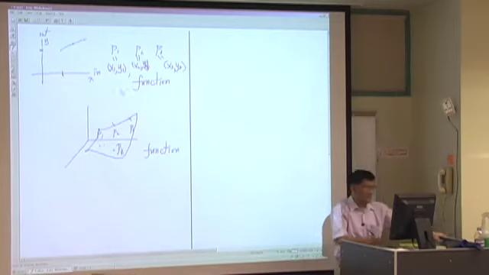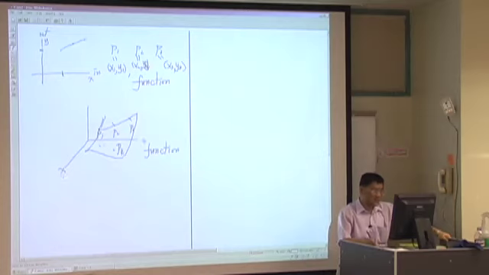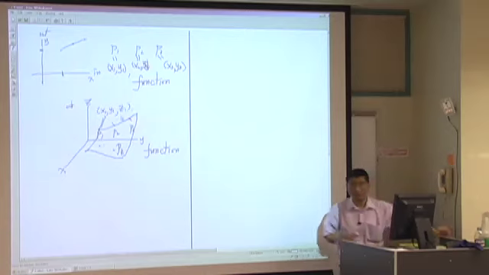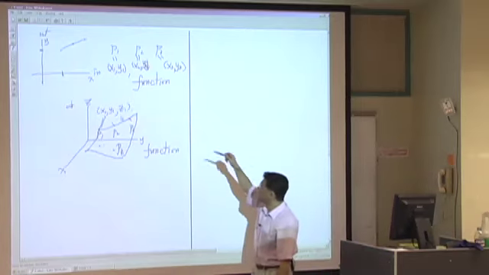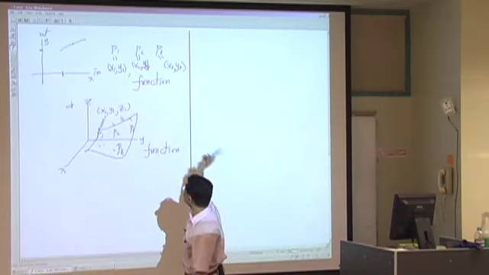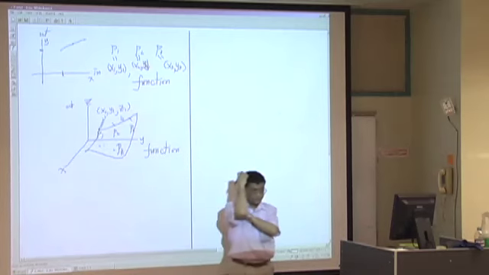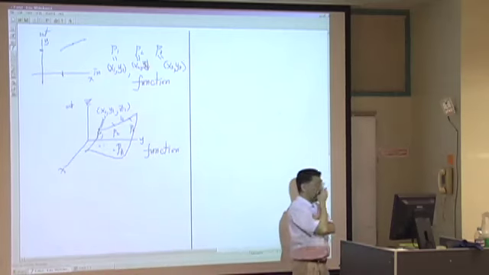Here, P1 is given this way. We have input x, input y, and output z. So x1, y1 are input, then z1 is output, right? Point information is given in these kinds of ways. So these are interpolation.